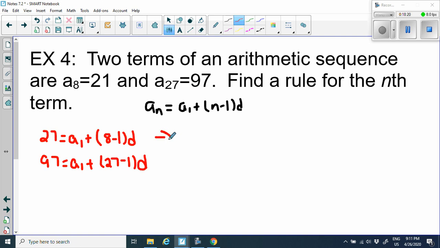Okay, now I simplify. So I have 21 equals a sub 1 plus 7d, because all I did was 8 minus 1. And then I do the same thing here, 97 equals a sub 1 plus 26d.